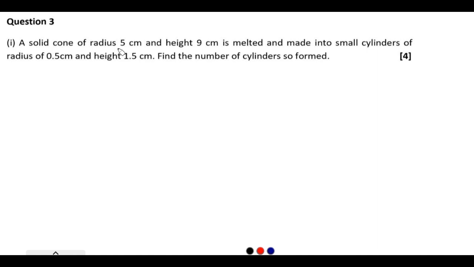A solid cone of radius 5 cm and height 9 cm is melted and made into small cylinders of radius 0.5 cm, height 1.5 cm. Find the number of cylinders so formed. There are two figures given in the question, first cone and second cylinder.